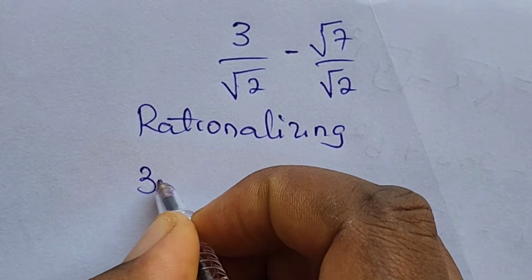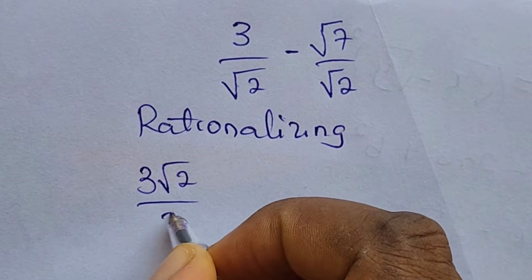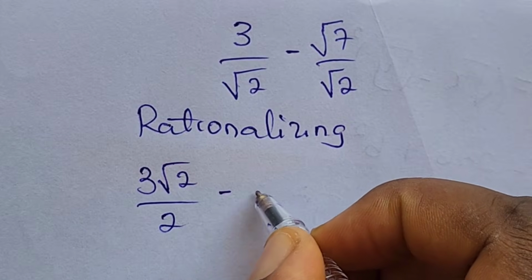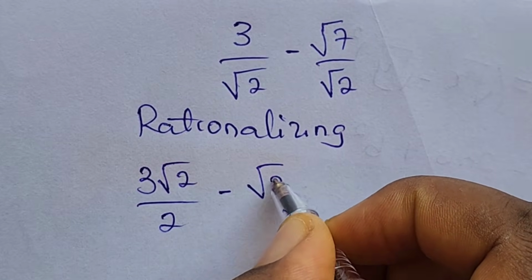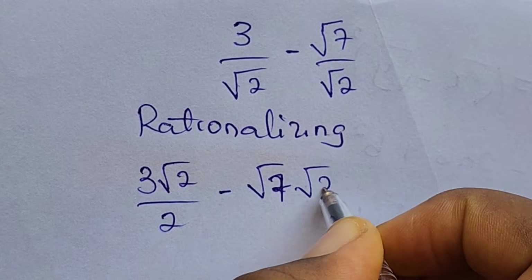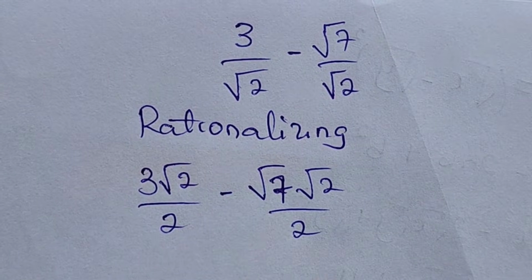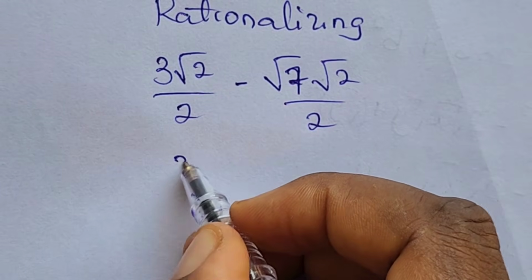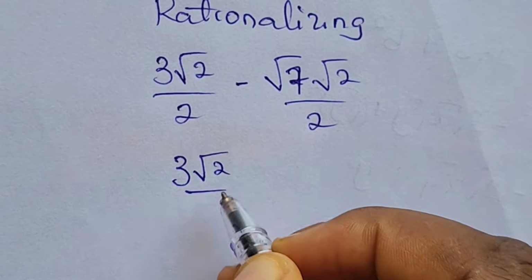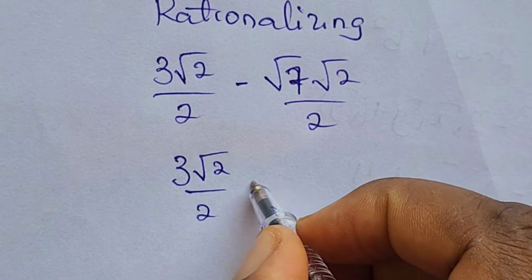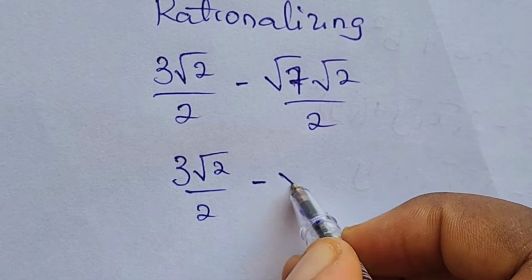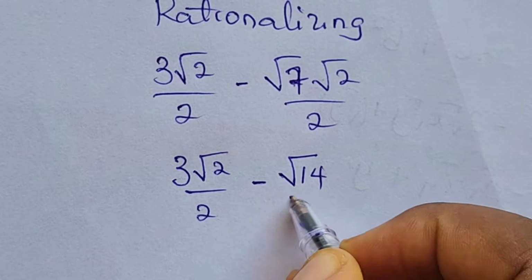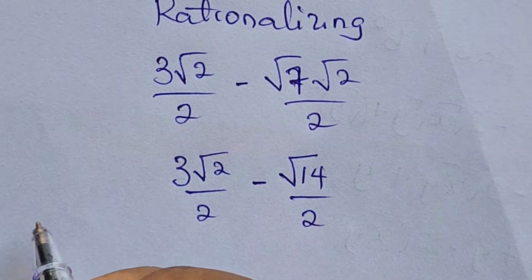we have 3 root 2 over 2 minus root 7 root 2 over 2. So this means that we have 3 root 2 over 2 minus, we have 7 times 2, so we have root 14 over 2.